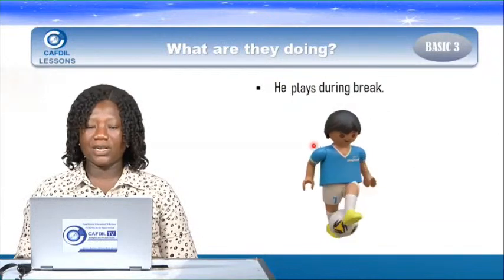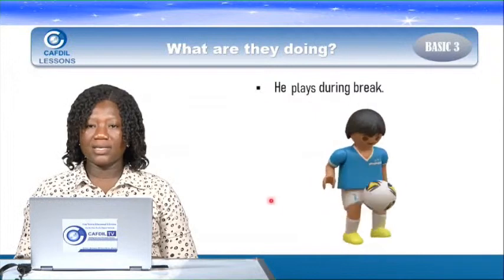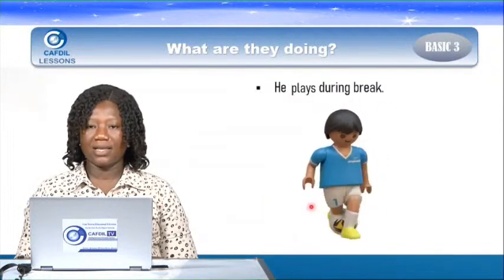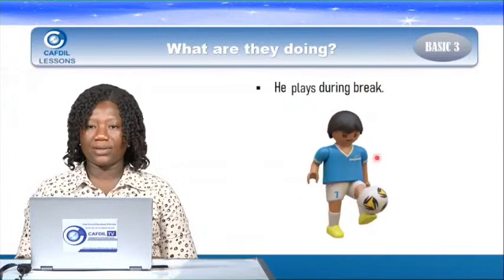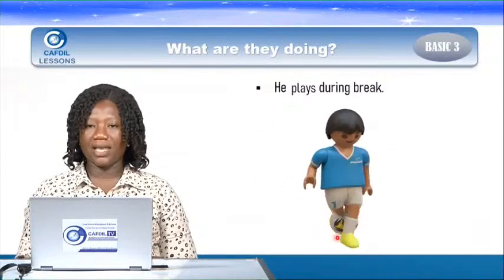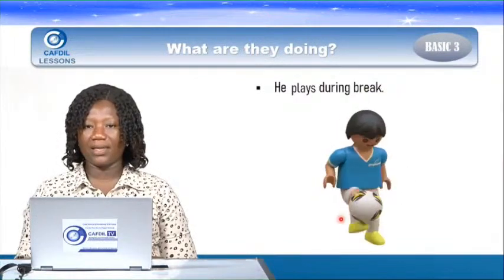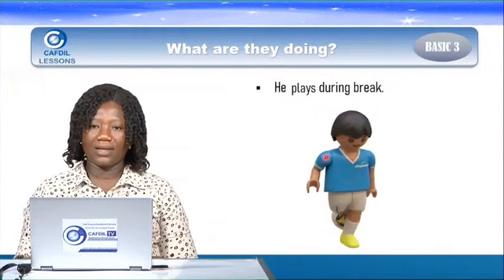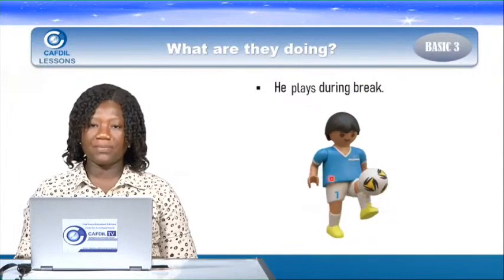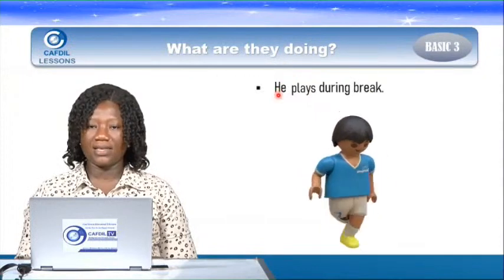Good. Another picture is here. Who is this? He is a boy. What is he doing? Can you tell the action? Good. Play. So we're going to describe this action using he.